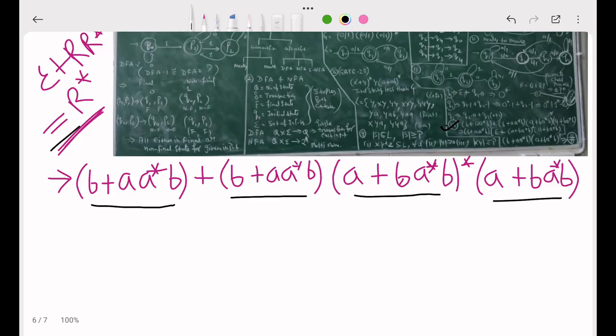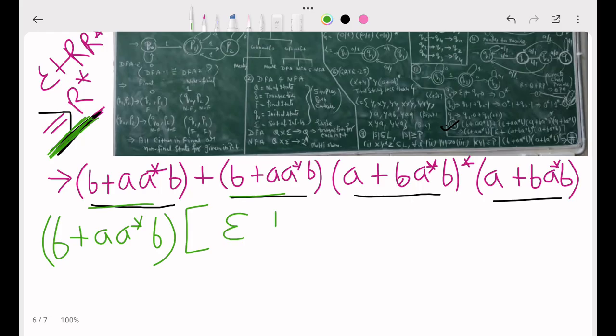Okay, and I am using this method, epsilon plus R star is equal to R star. This also we explained during our class presentation, and this question also we asked in the exam. Now if I take B common, B plus A star B, I will use sigma.